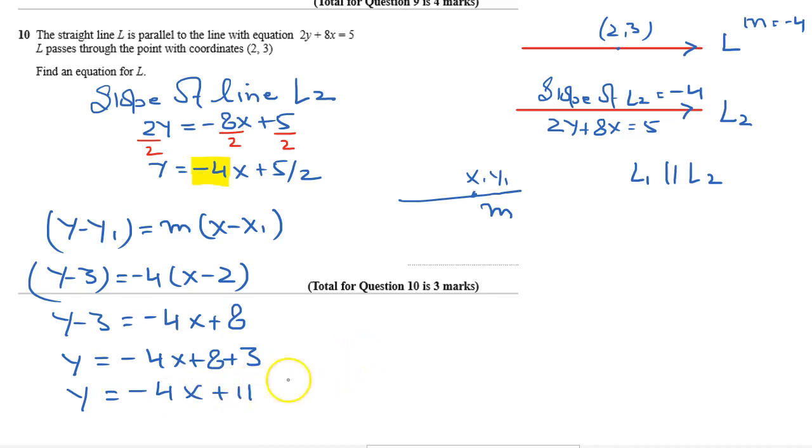This is y is equal to mx plus c form. You can also write it as 4x plus y minus 11 is equal to 0. It is good to write in this form if the form is given in the question. If the question is not saying in which form, you have to write the answer.